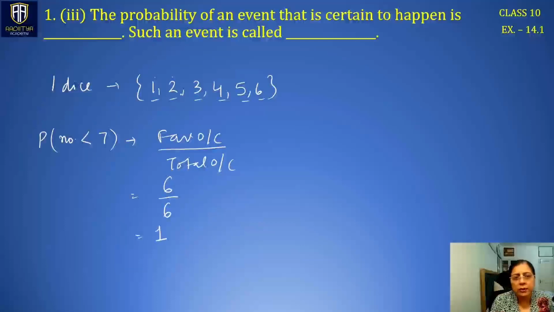Since all the numbers are less than 7, we have to consider them as favorable events. So the probability becomes 6 by 6, which is 1. So the probability of an event which is bound to happen or certain to happen is 1. It's 100%. And such an event is called a sure event, or you can say certain event. Both are correct.